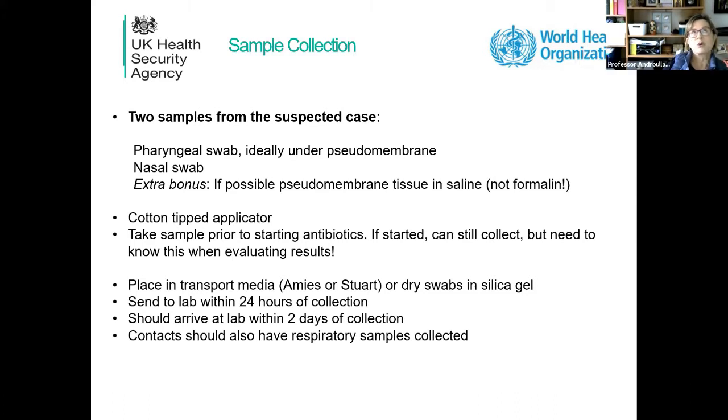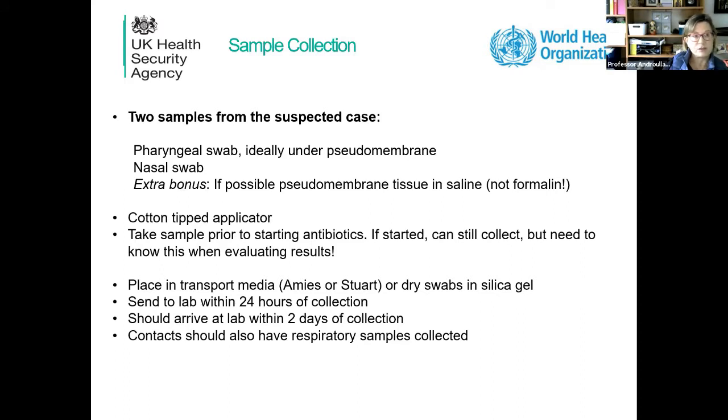The type of swab that we use is usually a cotton tipped applicator, and always taken prior to starting antibiotics. If, however, antibiotics have started, you can still collect the swab, but obviously you need to know this when you're evaluating the results.